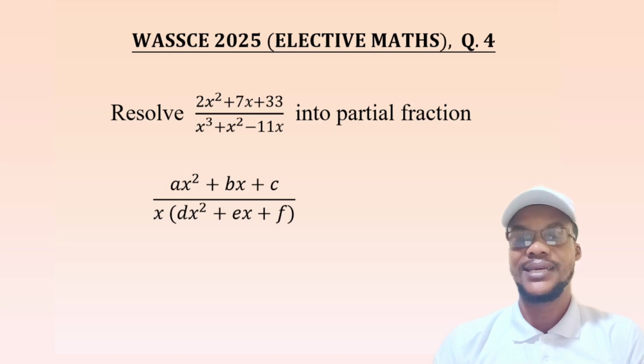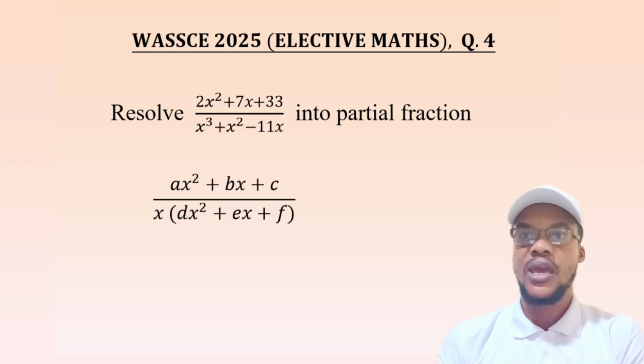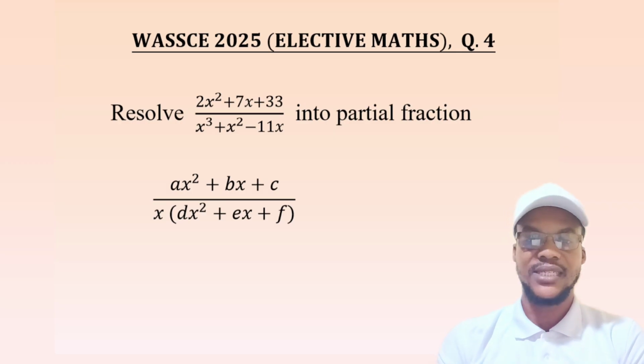That is when you realize that the degree of the numerator is either equal to or greater than the degree of the denominator. Once you realize that, then it is improper, and for that matter, you need to divide the numerator by the denominator to get a proper fraction before you can resolve. By looking at this question, it is already a proper fraction, so we can solve it easily.